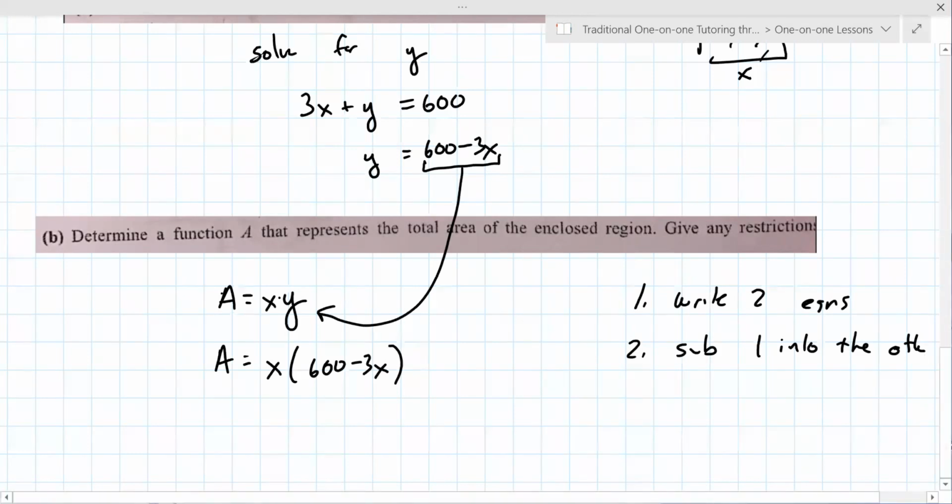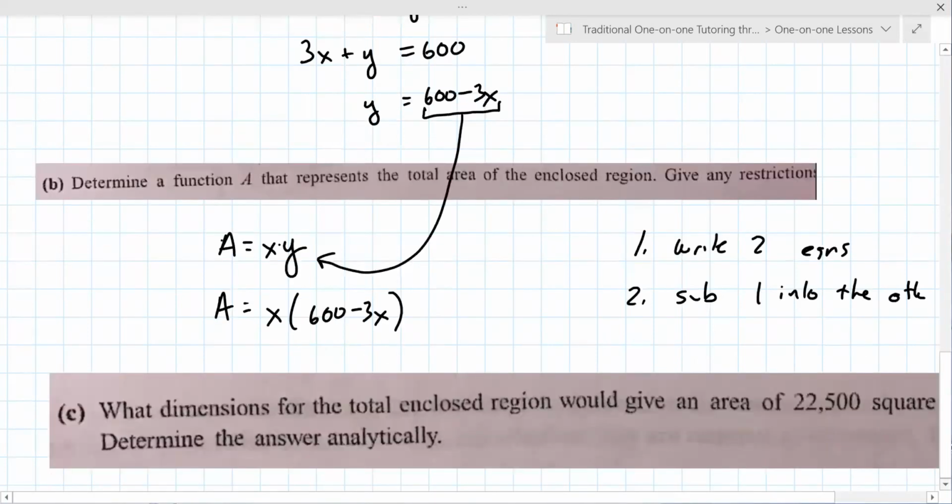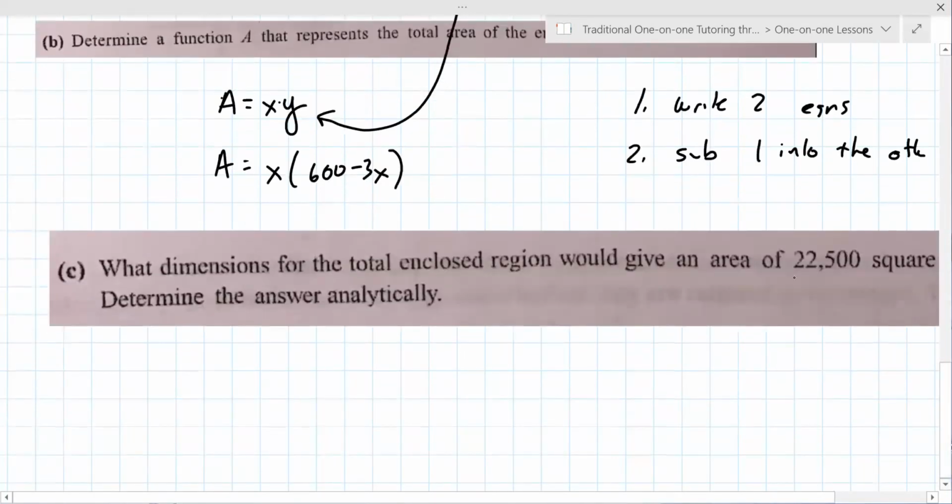You're good. All right, what dimensions for the total enclosed region would give an area of 22,500 square feet? So like the last one, you're going to set this equation you just found equal to this number here. That's the area. So it's x times (600 minus 3x) equals 22,500.